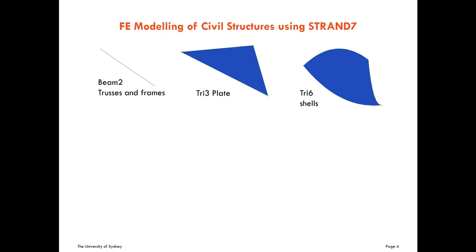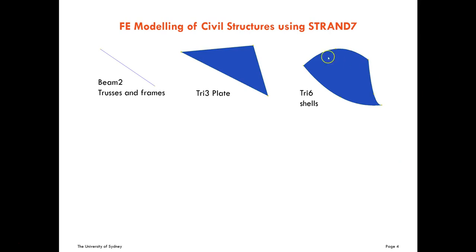Next we have the Tri6 element, which represents shells. This is like a triangle, but the sides of this triangle are curved. They are curved like a polynomial.